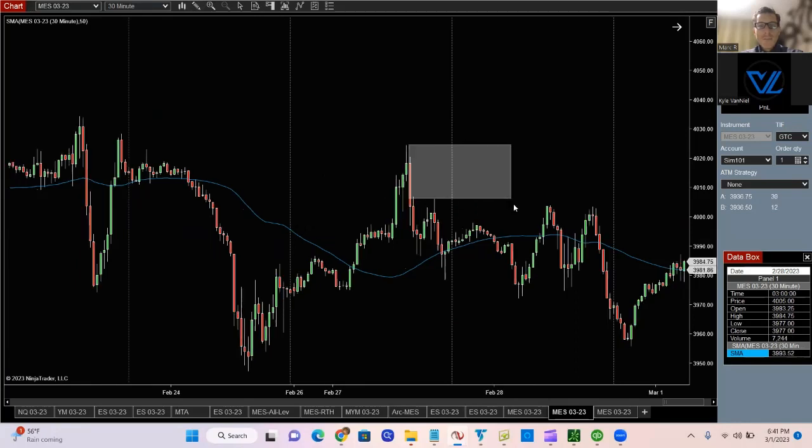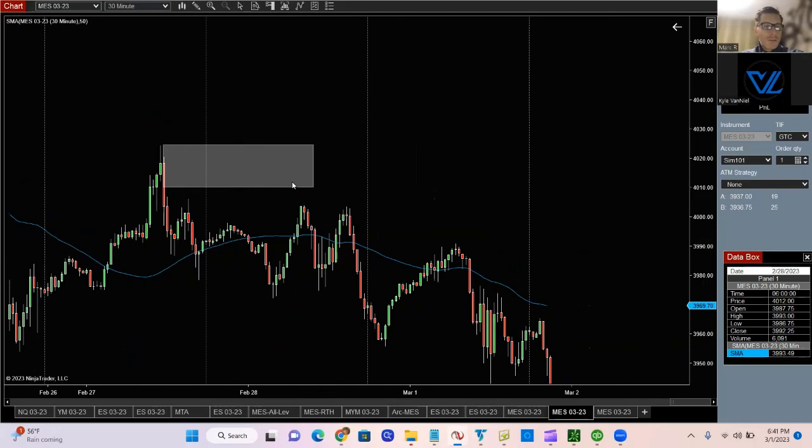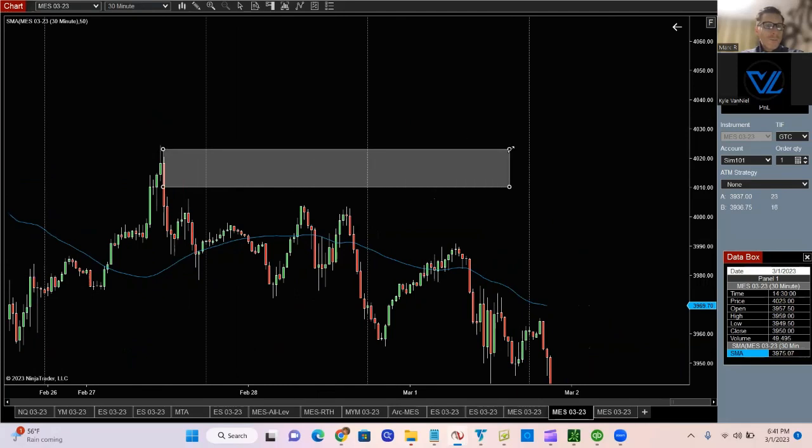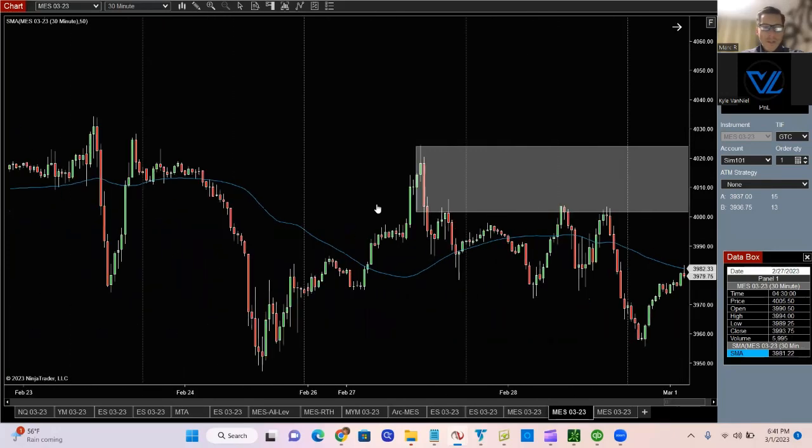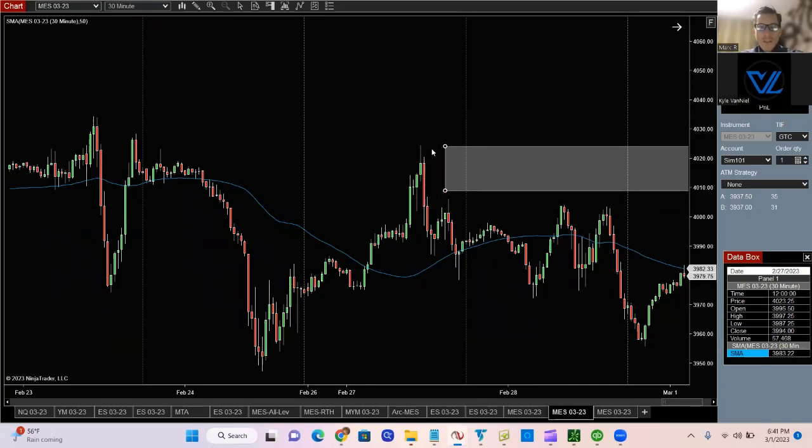On this time frame, if you were using the whole range of this candle, then that worked for you. But you're probably not too likely to look at that and say that's on a 30-minute chart anyway. Yeah. That's your supply level.